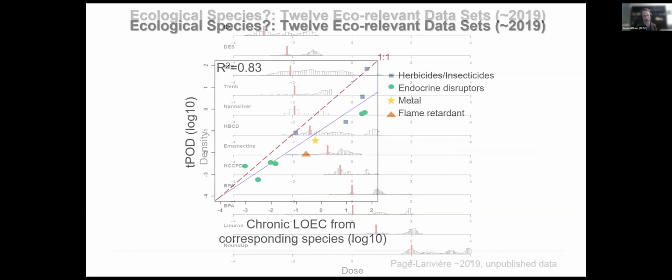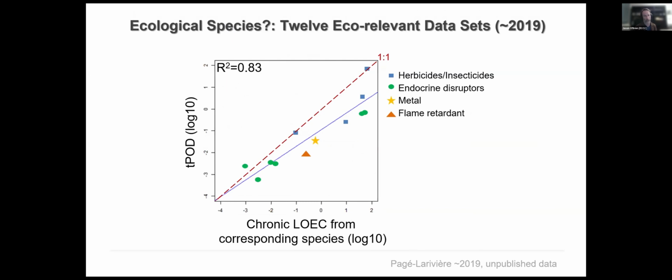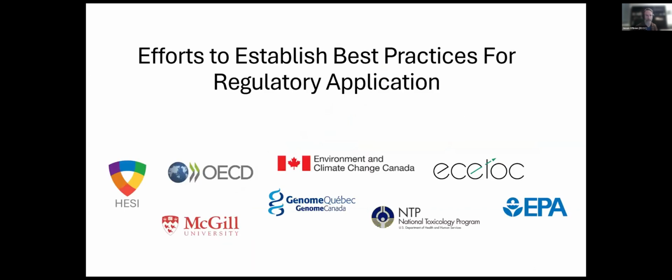And when we compared them to traditional chronic LOEC, we found, again, a very strong relationship between a short-term test using transcriptomics and a more traditional chronic LOEC. So very encouraging evidence here. And I think since this was done, more and more evidence emerges that shows similar results in the ecotox realm.